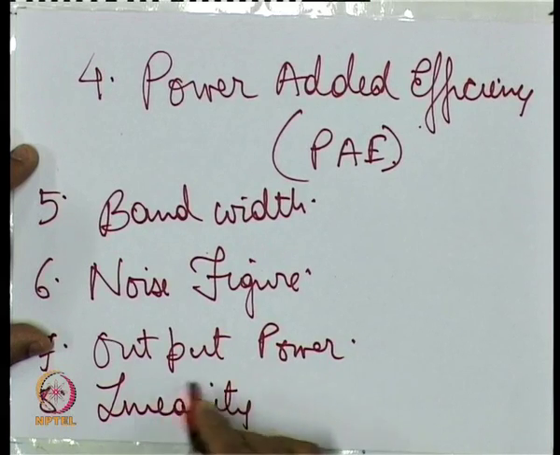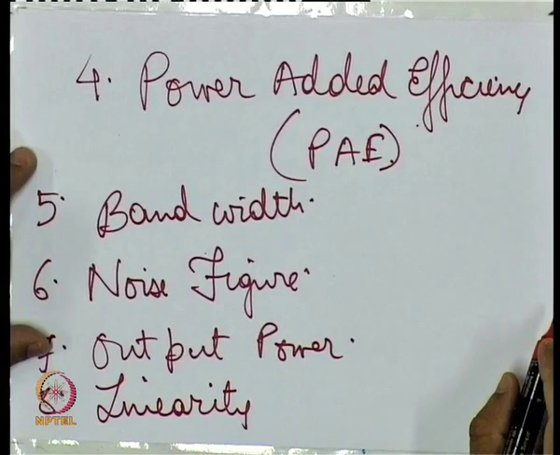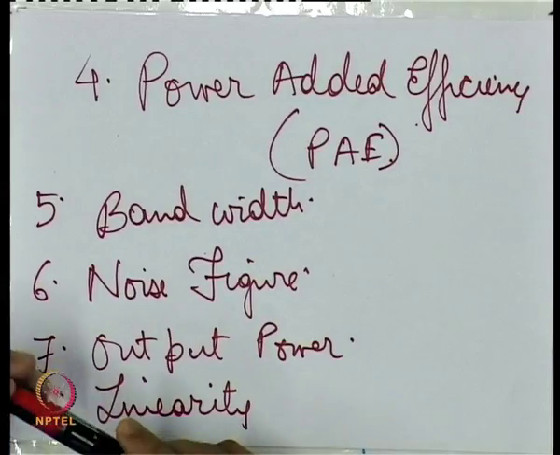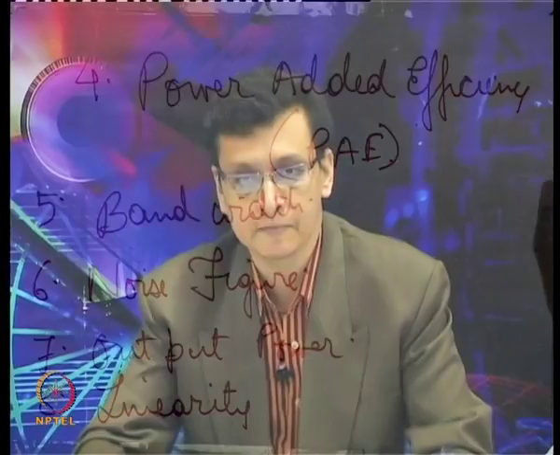This is another very important aspect of any amplifier design: how linear it is, that is, how close the input-output relationship of the amplifier is to a linear relationship, that is, output should be proportional to the input. So let us take up these things one by one, but before going there, we would like to define some things.